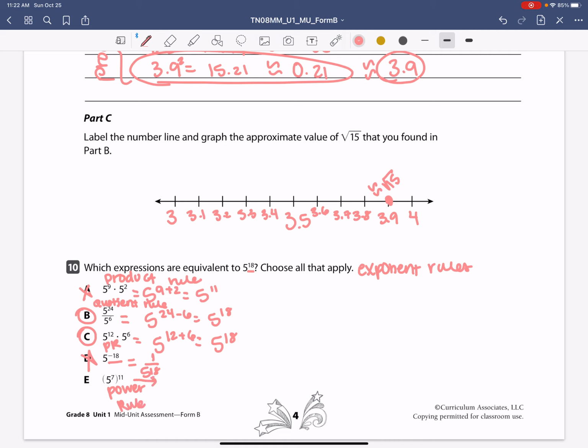The power rule says if you only have one base but two exponents, keep your base the same and multiply your exponents. So this would have been 5 to the 77th power, which is of course not equivalent to 5 to the 18th power. And there you go.